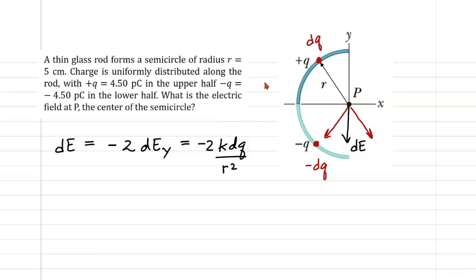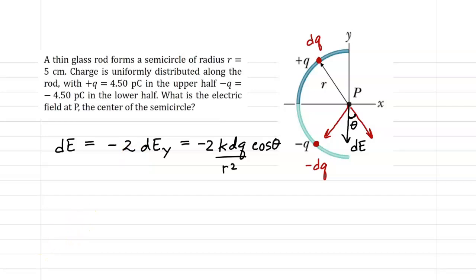Then we have to multiply by a sine or cosine because we want just the vertical component. So if we call this theta, then we're interested in this component right here. The vertical component is adjacent to theta, which means it's going to be cosine theta. Okay?